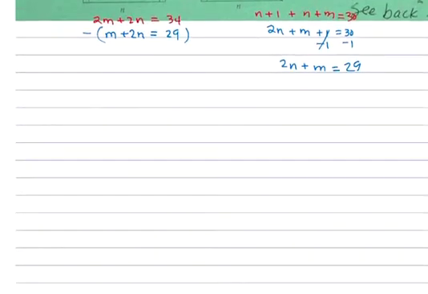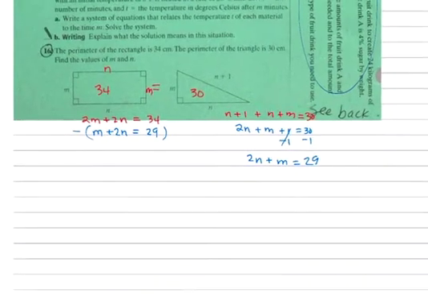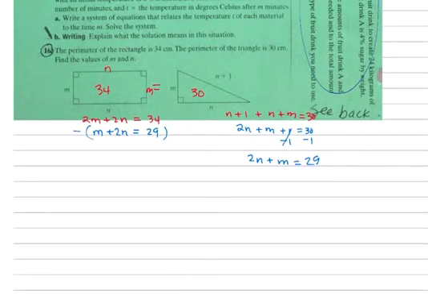Finish it. The answer is, assuming m is 5 centimeters and n is 12 centimeters. It's 5 centimeters and 12 centimeters. That's the answer to them, okay?